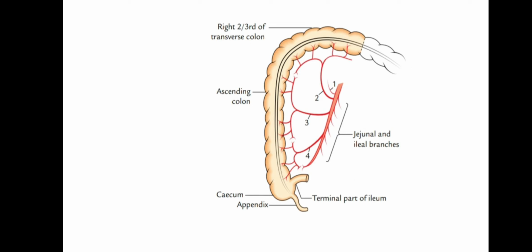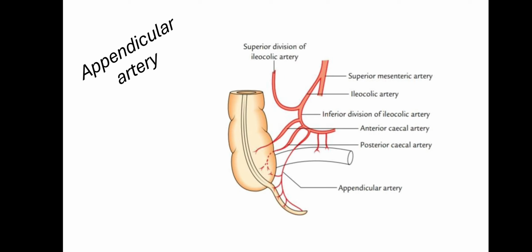So we'll see a little bit about the ileocolic artery. Here we can see another picture with the jejunal and ileal branches given off. It is giving the ileocolic artery, right colic artery and middle colic artery up to the right two-thirds of the transverse colon. So what about this ileocolic artery?